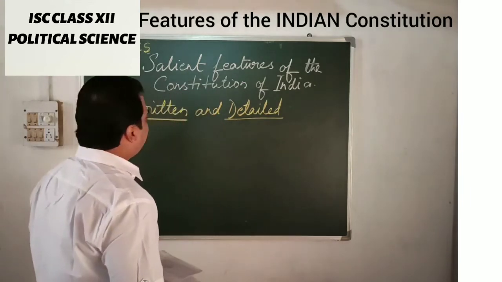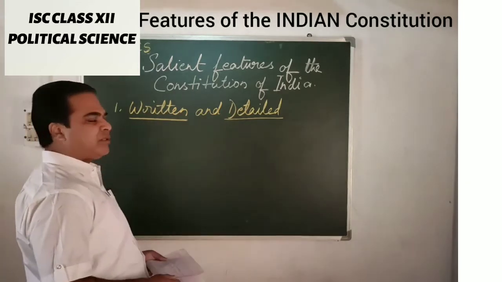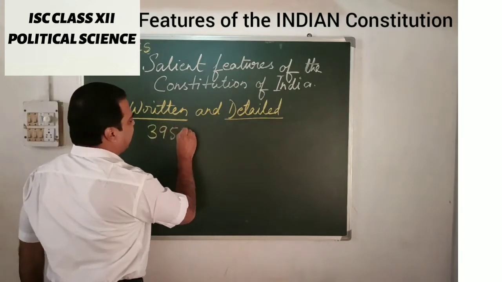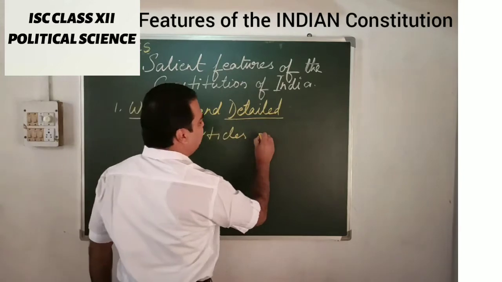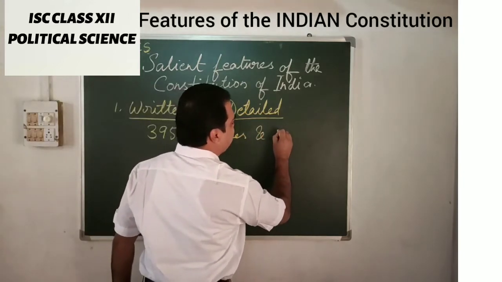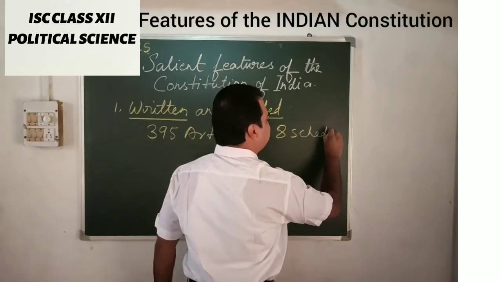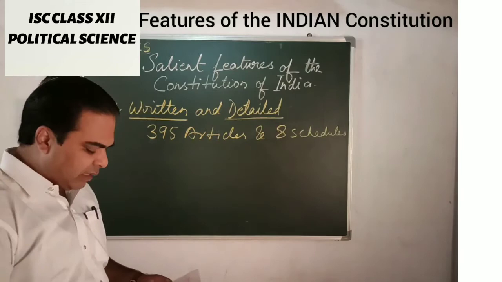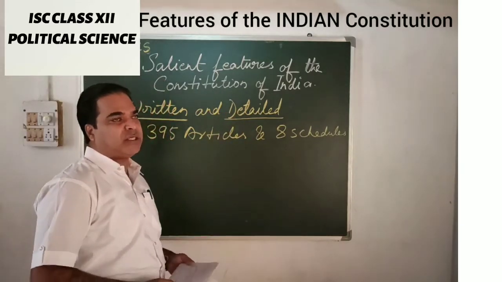When the constitution was ready, it consisted of 395 articles and 8 schedules in the beginning when the constitution commenced.